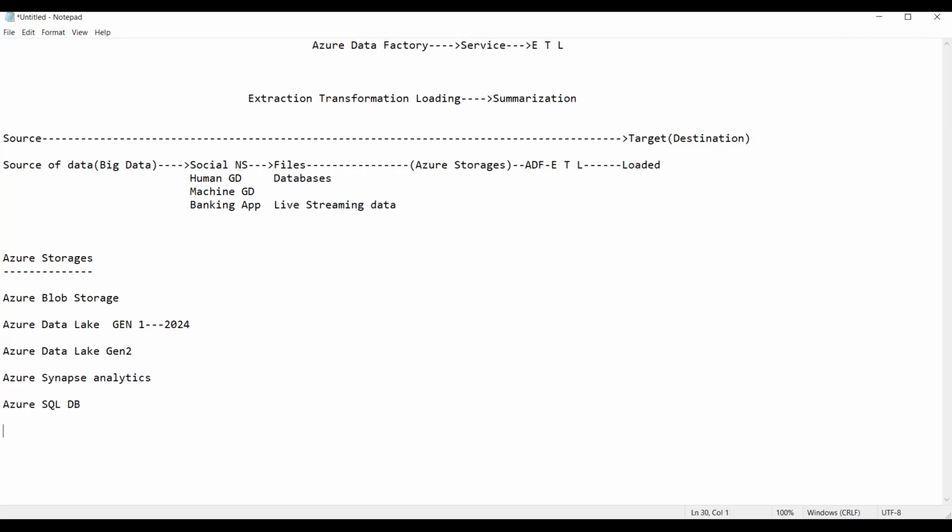Anyways, we have many more. So how many storages does Azure provide altogether? 90 plus storages. Am I right? It provides almost all 90 plus storages. Okay, guys, so these are all the storages in Azure we can have.